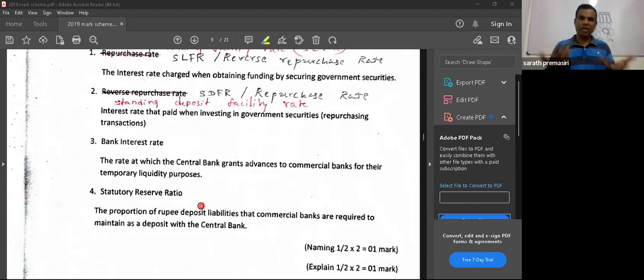That is what we call the statutory reserve ratio. It is compulsory.